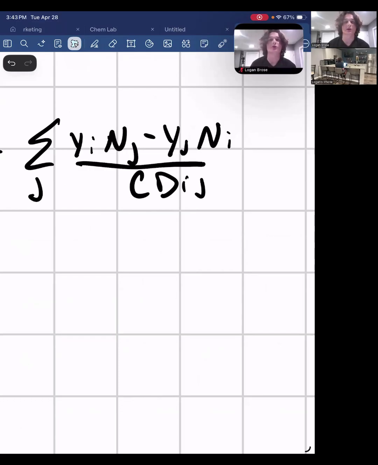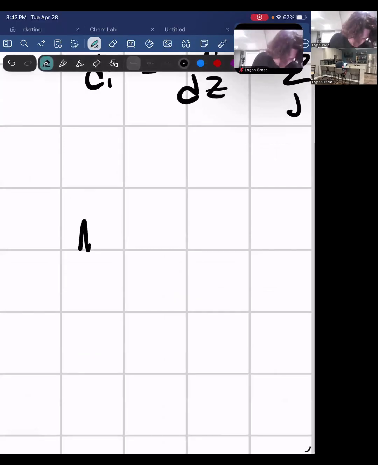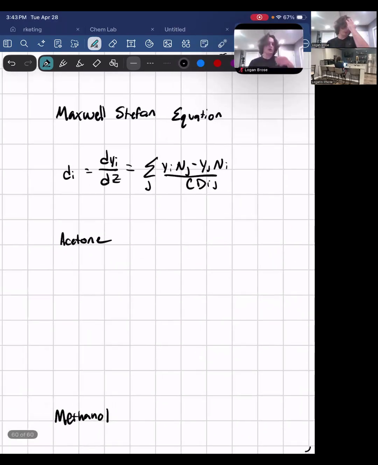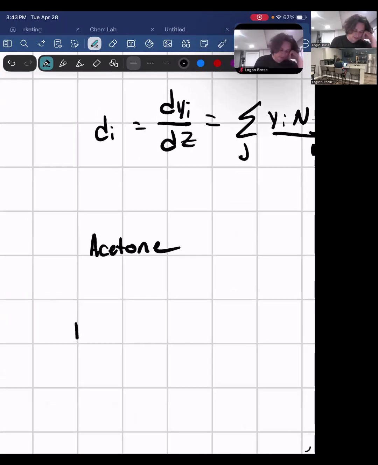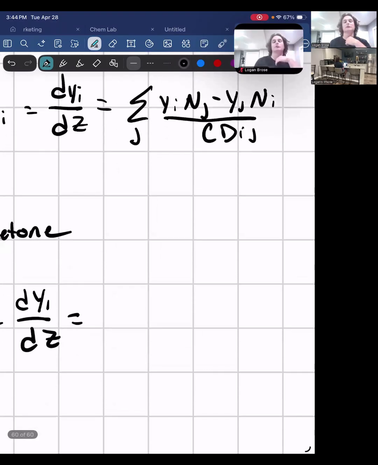And so what we want to do here is look at this for acetone and methanol, right? So dy1/dz equals, and here we're breaking this up, because it's the sum.